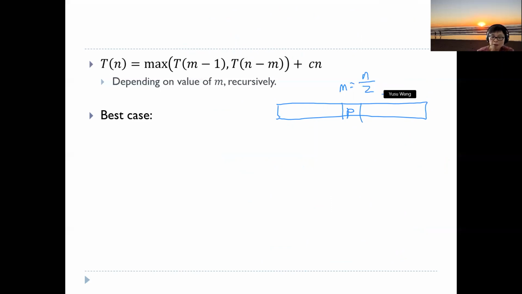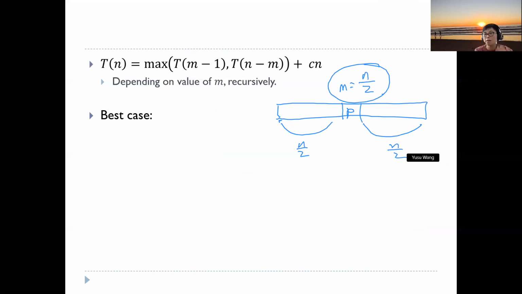Because when the pivot is in the middle, then no matter whether you go to the left or to the right, each of them only has size roughly n over 2. So it doesn't matter which side you go to. Whichever side you go to, you can always eliminate half.